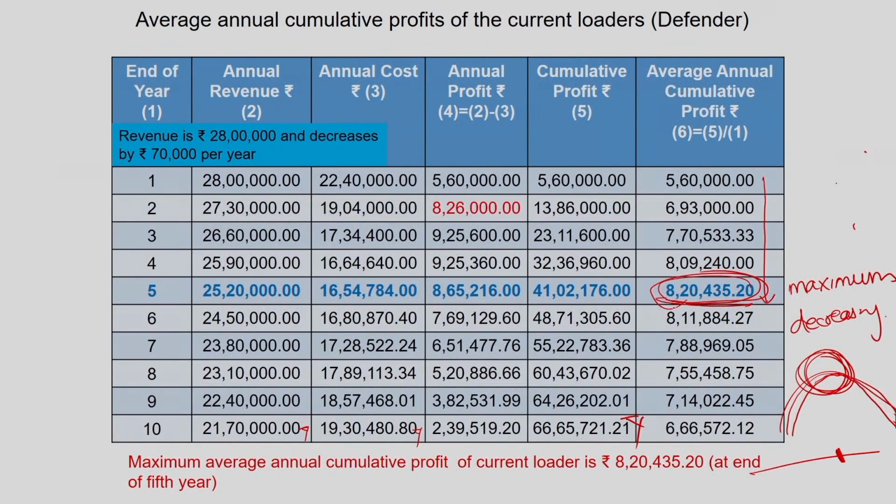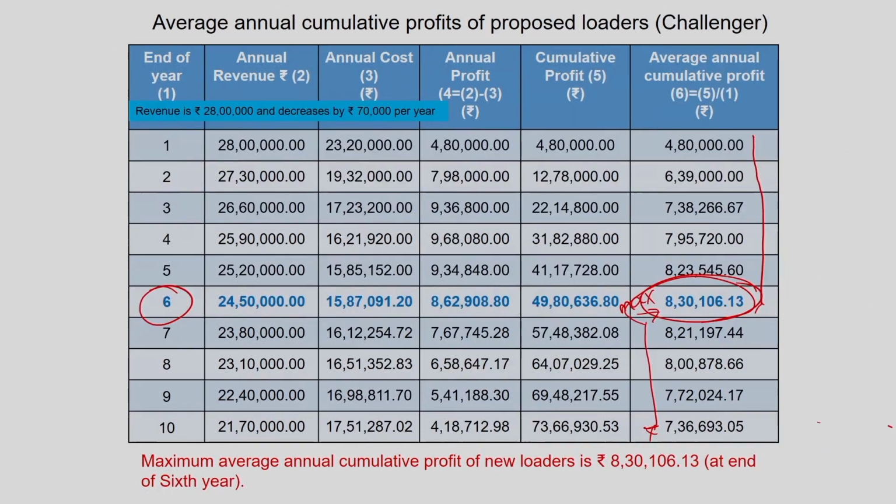The maximum average annual cumulative profit is 8,20,435 here, and 8,30,106.13 here. That means the profit is maximum for the challenger.